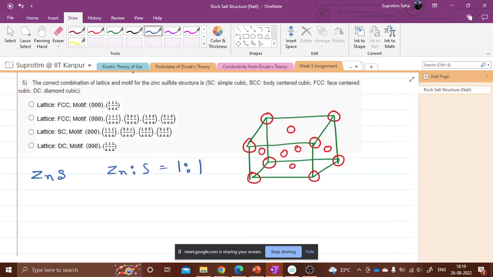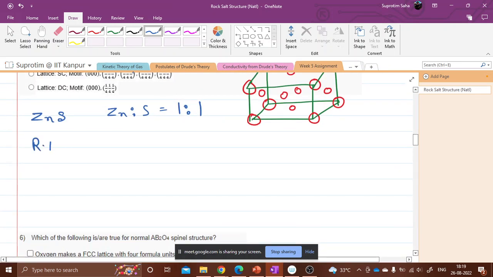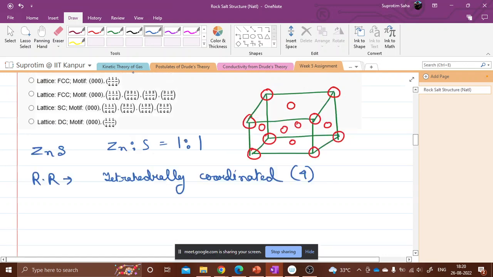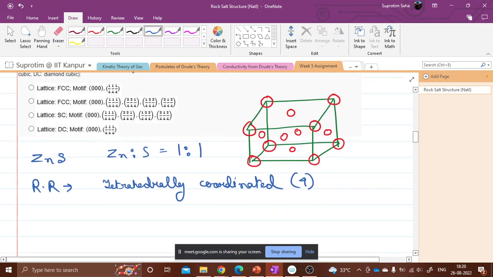But the radius ratio signifies that the coordination number is tetrahedral, right? Tetrahedrally coordinated means 4 neighboring atoms, and depending on the valency of your zinc and sulfur, which is 1:1, zinc should be tetrahedrally coordinated and your sulfur should also be tetrahedrally coordinated, right?